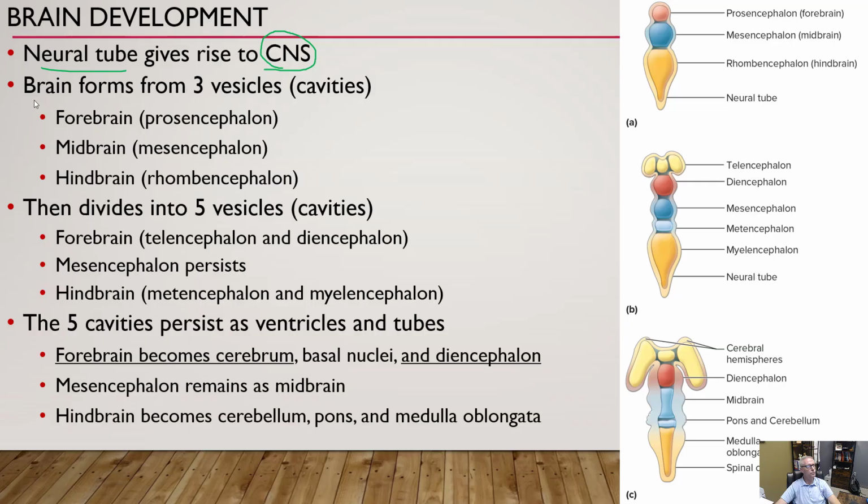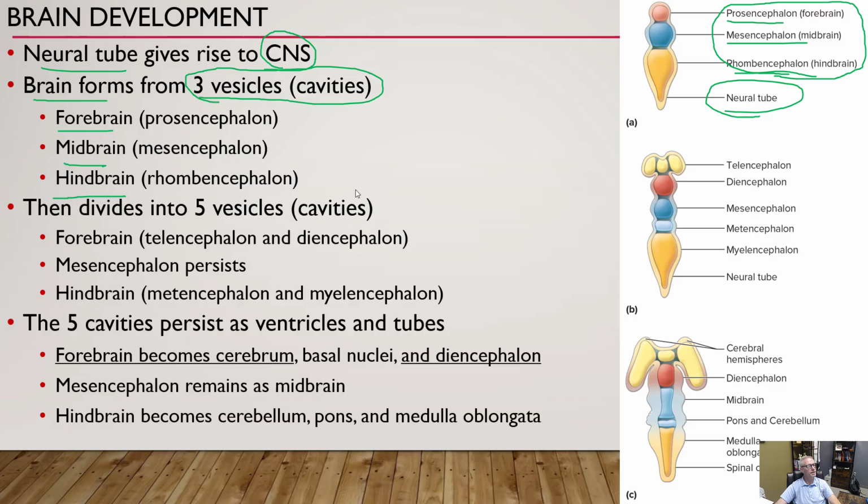And the brain forms from these three cavities or vesicles. To start out, we have the forebrain, midbrain, and hindbrain, called the prosencephalon, mesencephalon, and the rhombencephalon.